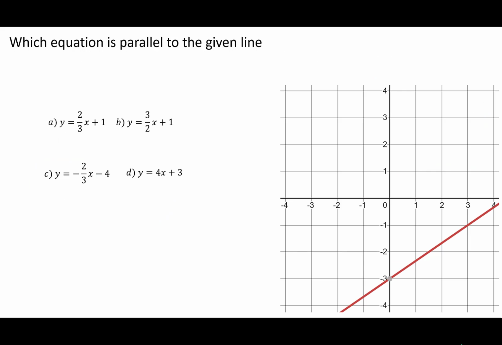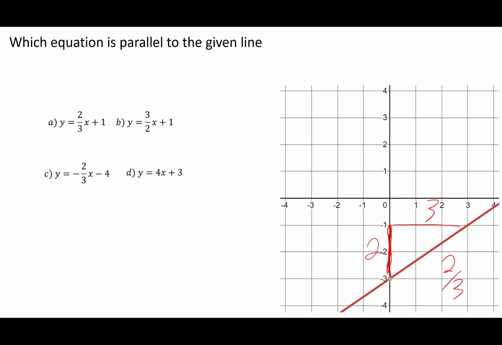All right, so now we're just going to look at determining if a line is parallel on a graph. So from a graph, I need the slope from the current one, right? So I'm going to count my rise, which in this one is 2, and my run is 3. So my slope for this is 2 over 3.